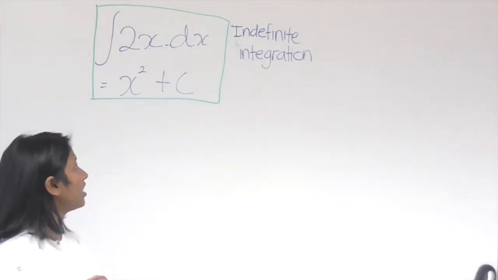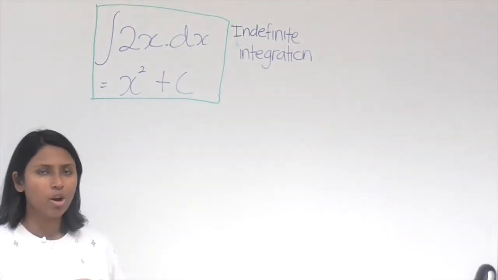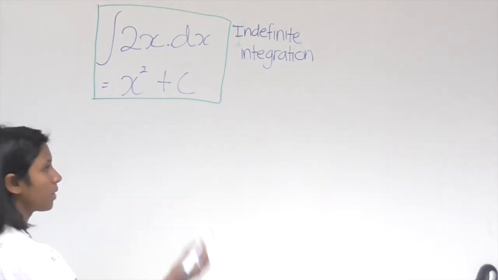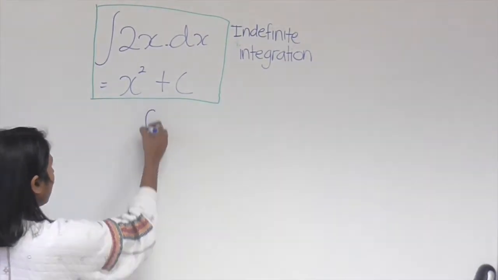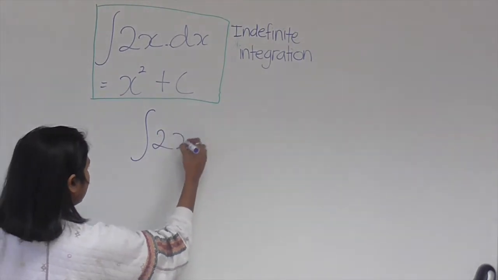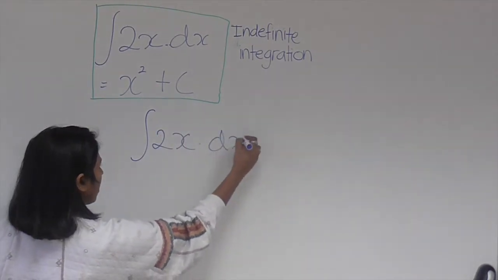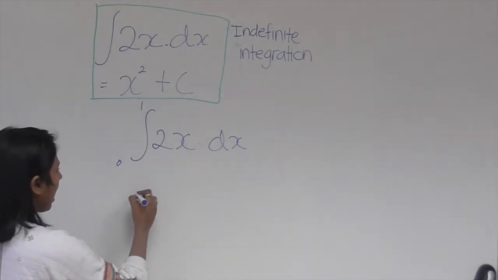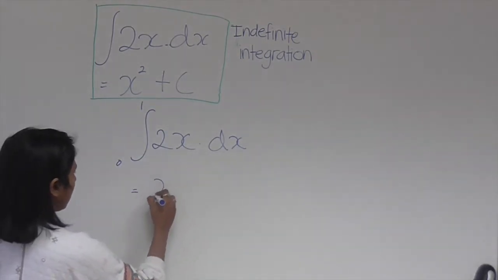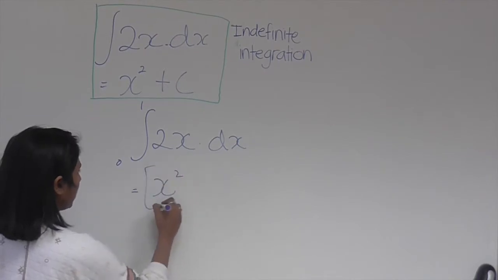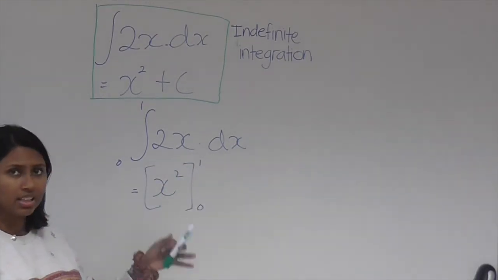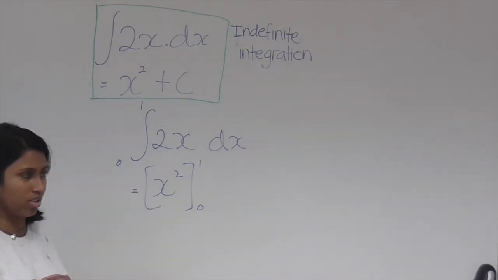This is what indefinite integration looks like, and now I'm going to show you how we do it if we have a definite integral. So we're going to use the same function, 2x dx, and now we put our boundaries, so we'll just say from 0 to 1, and we're going to get x squared again, but within this boundary. And because we're in this boundary, we don't need to add the constant.